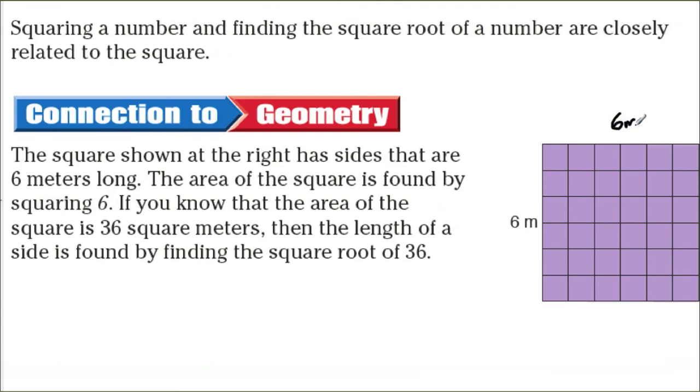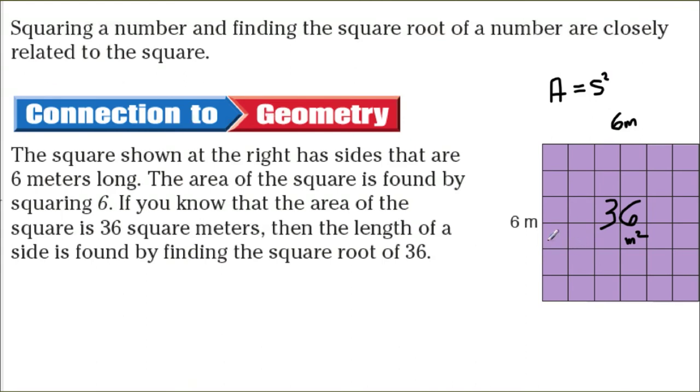Okay? And from what we learned, the area of a square is s raised to the second power, or s squared. So that means when you multiply these two, the area becomes 36 square meters. Okay? So if that's 36 square meters, 6 and 6 form a square.